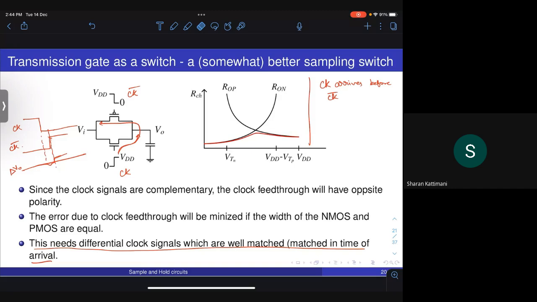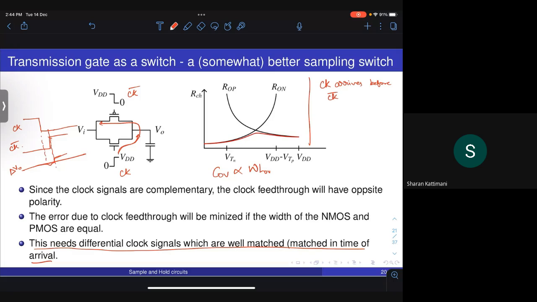So what does the clock feed through depend on? Clock feed through depends on the overlap capacitance. Overlap capacitance is proportional to the width and the overlap length. The overlap length, L overlap, is more or less constant for a given process technology, but W is something the designer chooses.